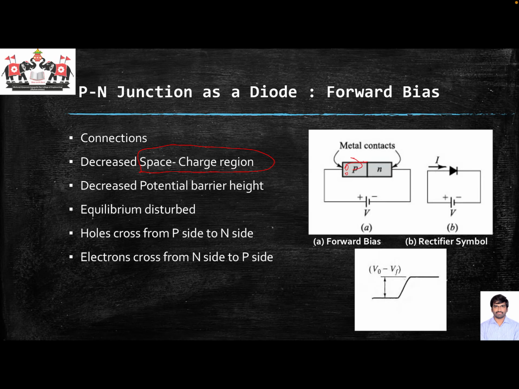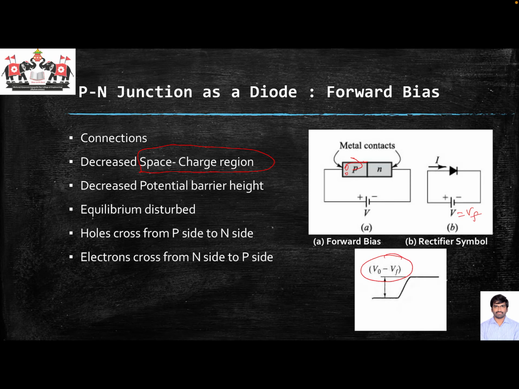In terms of the potential barrier height, if the forward bias voltage V is equal to Vf, then the potential barrier height will be decreased to V0 minus Vf. So the flow of majority carriers will now increase.